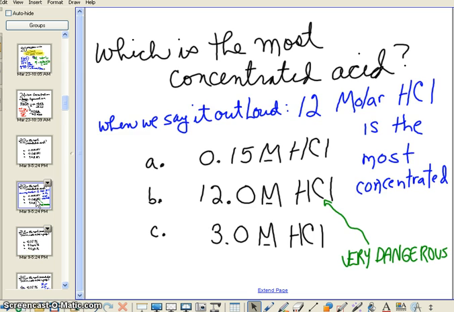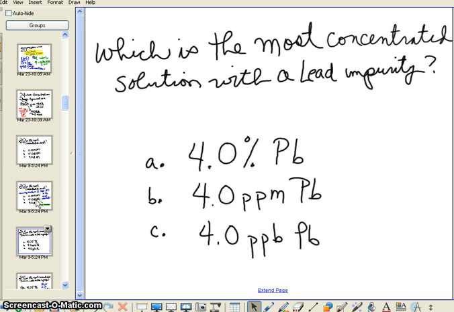Next question, which solution is the most concentrated in terms of a lead impurity? This is a review. These are concepts that we learned early in the year, so I'm not going to take the time at this point in this podcast to go through it, because our focus in this chapter will primarily be on molarity.